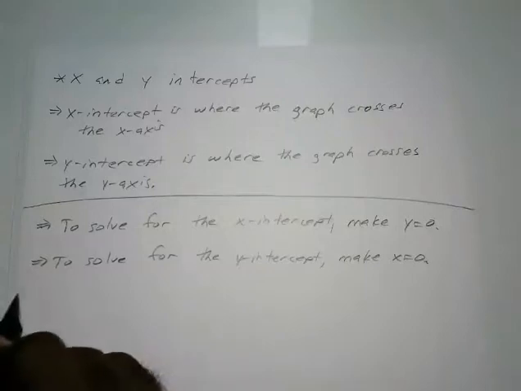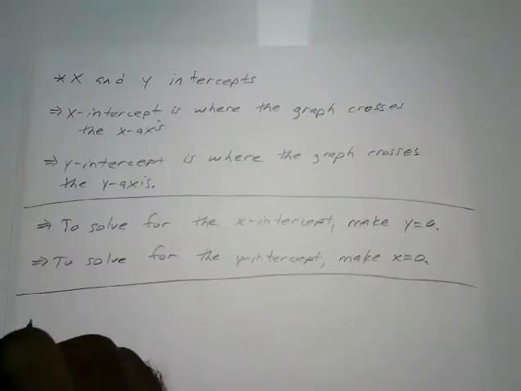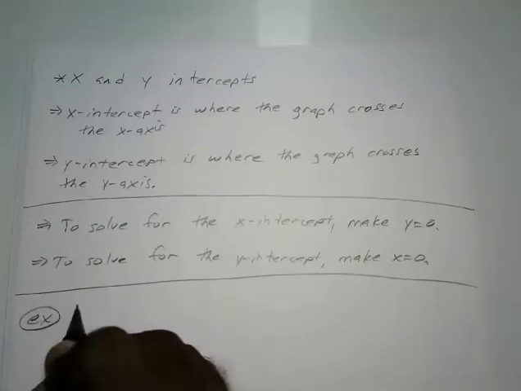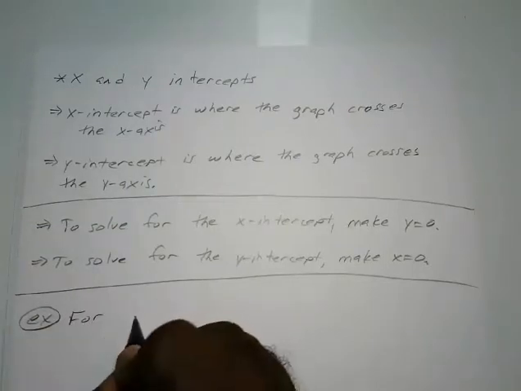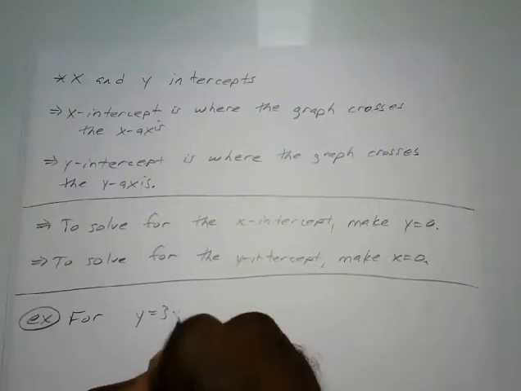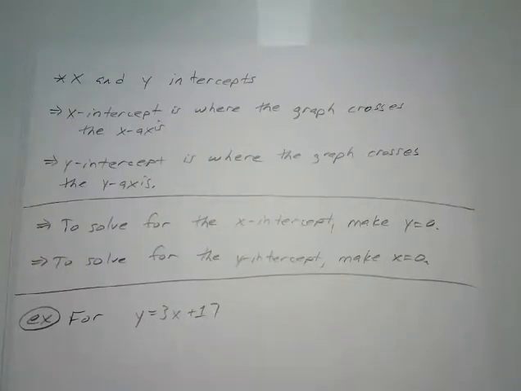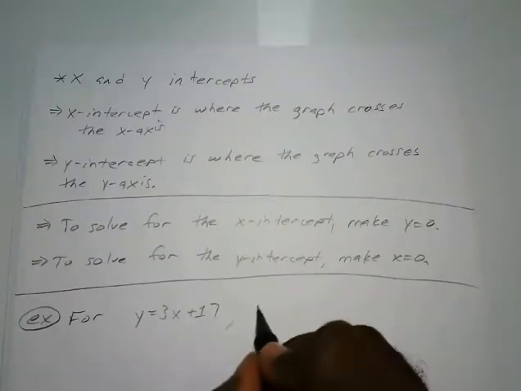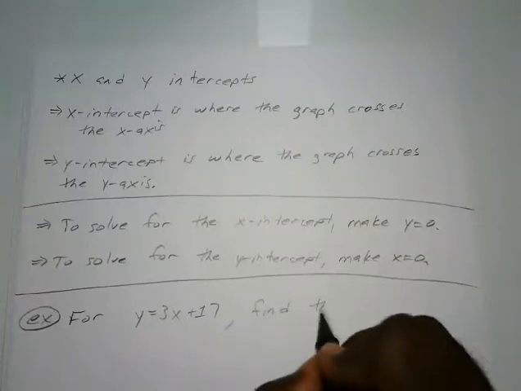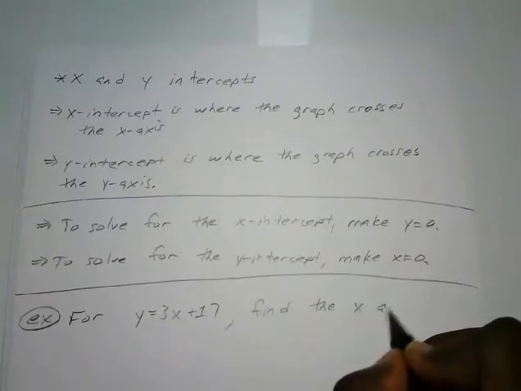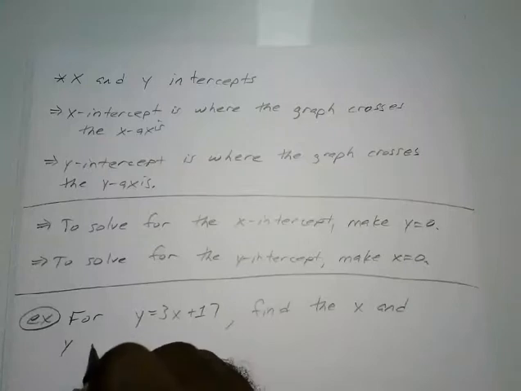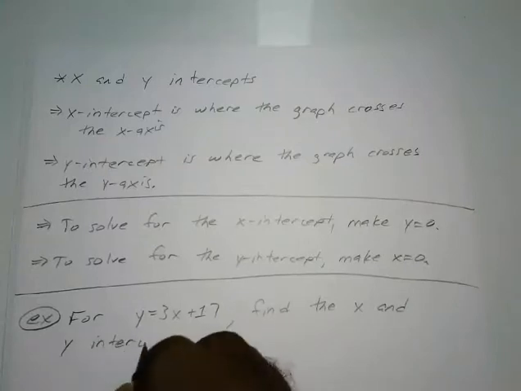All right, so let's say, for example, we have y equals 3x plus 17, find the x and y intercept.